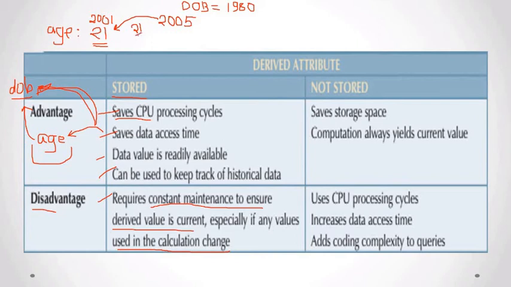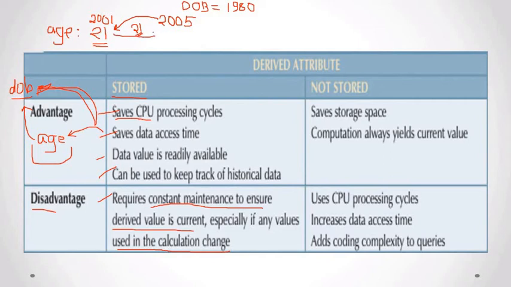So the big question is, is that the accurate age of that person? Well, the answer is obviously no, because that's the age of that person way back in 2001. So if you really want the age to always be current or accurate regardless of what year, then you have to always recalculate.